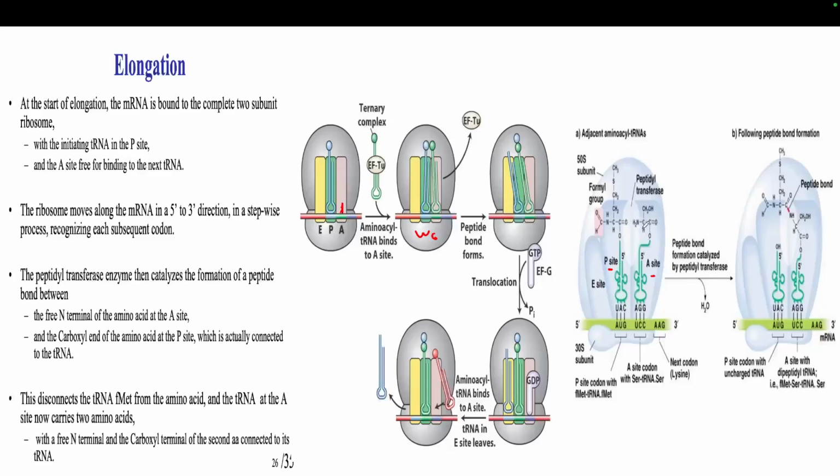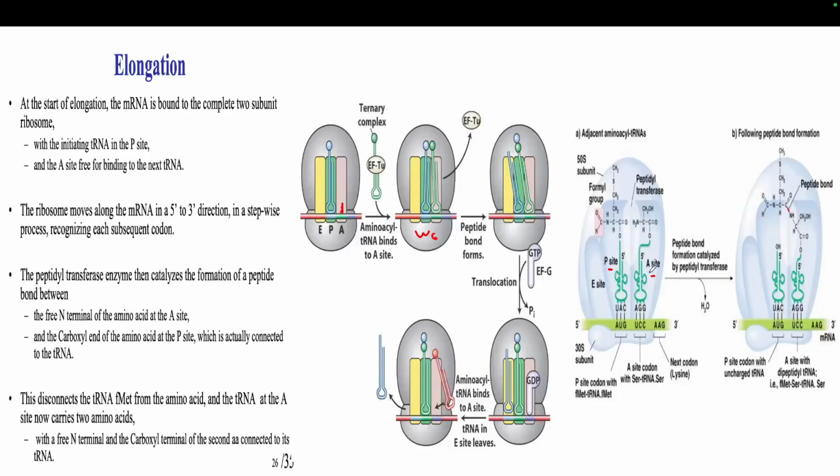It will connect the carboxy terminal of the initiator amino acid to the amino terminal of the next amino acid. Okay, so the starting codon is present at the P site, and this next codon is present at the A site. Okay, after peptide bond formation, this ribosome will move a little bit from P site to A site.